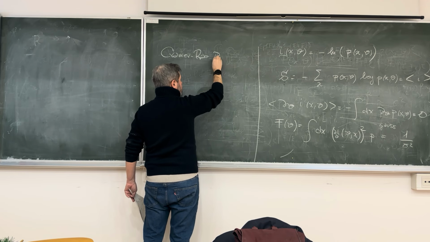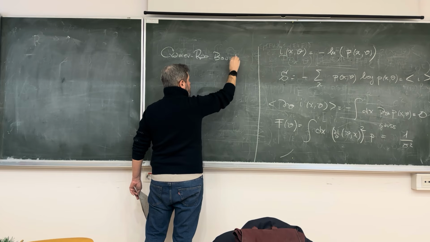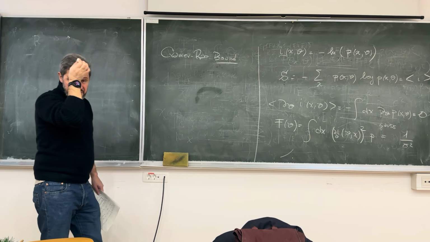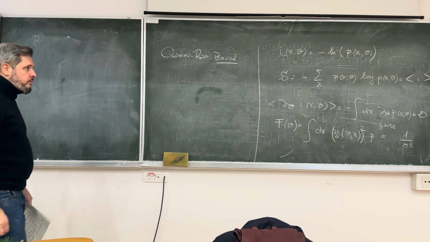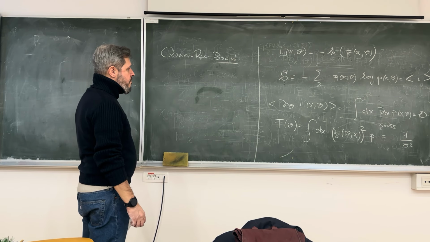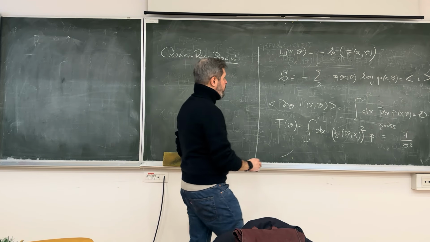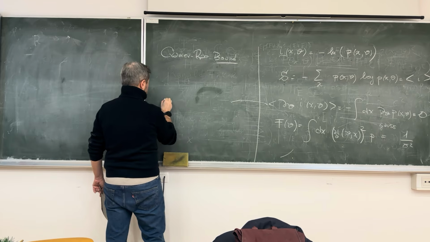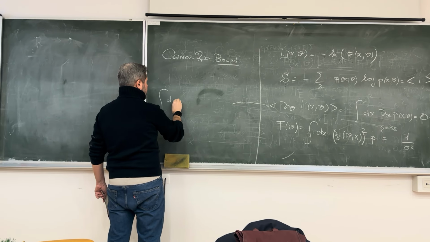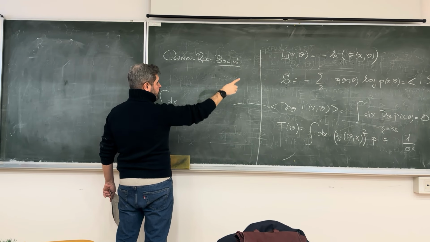Sorry. Is it possible to ask a stupid question? Why is the average of the derivative of information by theta equal to 0? Because actually your derivative is by one variable and integrated by another one. No, let me do it slowly. So this is equal to the integral dx of the derivative of the log.